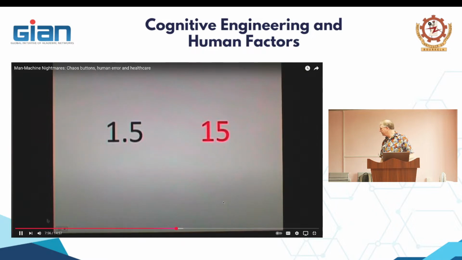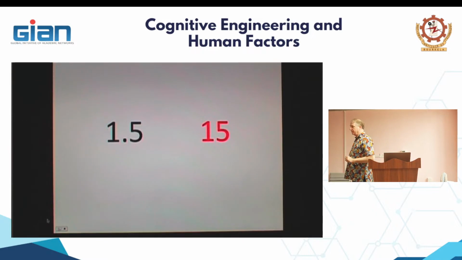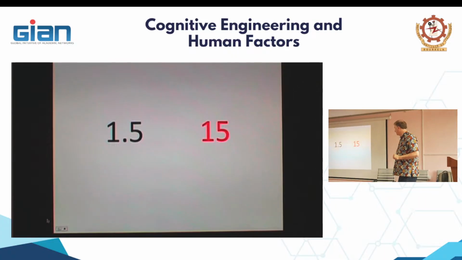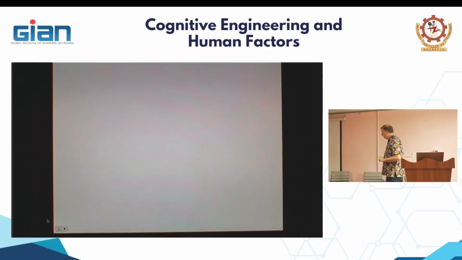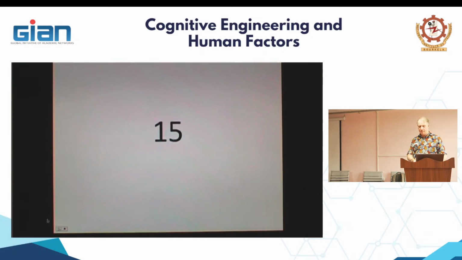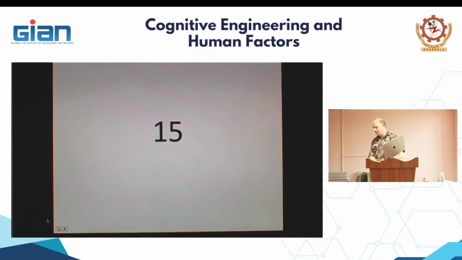I heard of a case where a nurse entered 15 mils per hour instead of 1.5 mils per hour. People on our project think this was influenced by bad design. They suspect the nurse pressed a 1, then a decimal, then accidentally pressed another decimal. To delete this, she pressed the delete key, which strangely deleted both decimals. And then she pressed the 5. The nurse was sacked for not checking this figure.